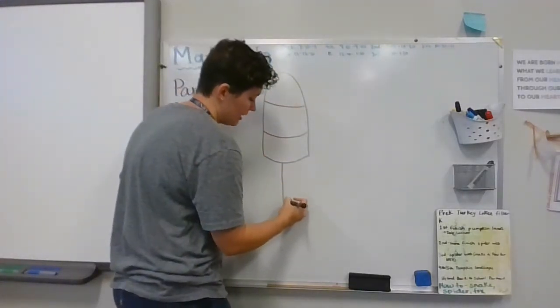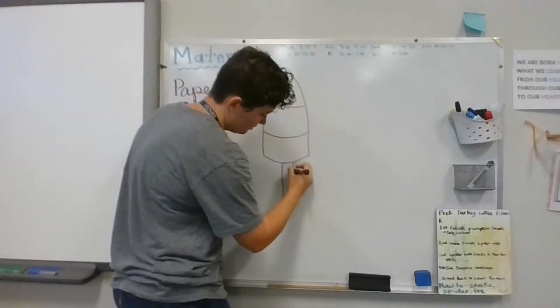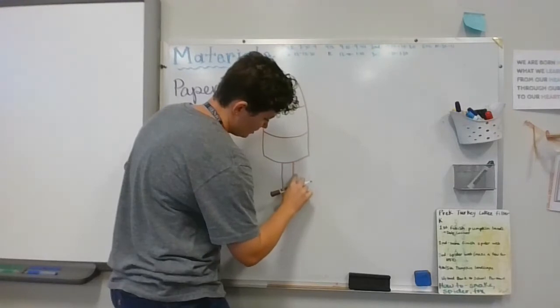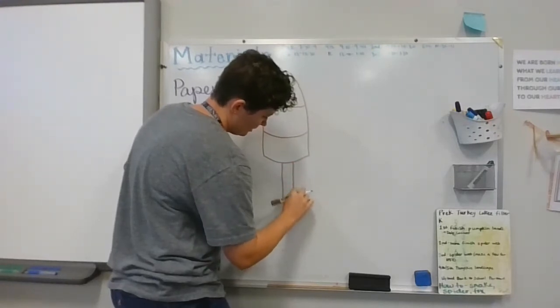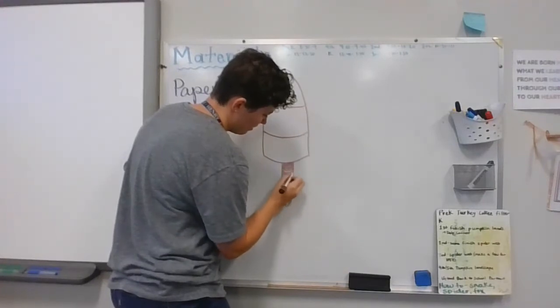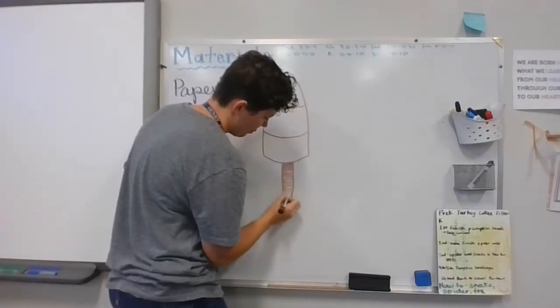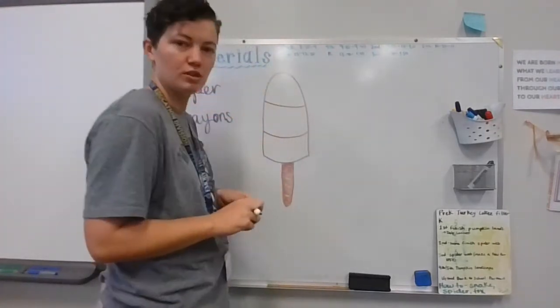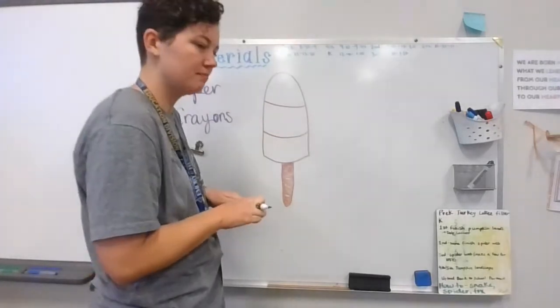I'm going to add a popsicle stick. Just like that. That I can color in brown if I want to. Okay. So there's one simple ice cream.